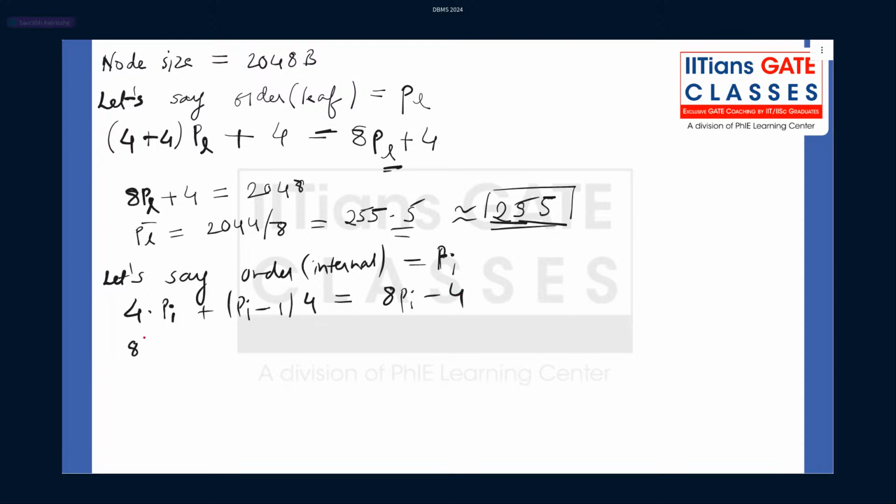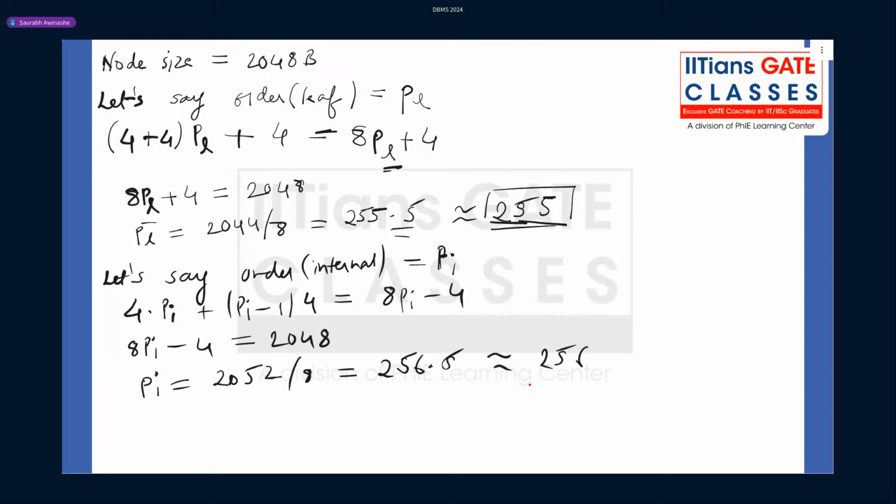And 8 Pi minus 4 should be equal to 2048 for maximum size utilization. So that gives us Pi is equal to 2052 by 8, which is I think 256.5. So we'll take that as 256.